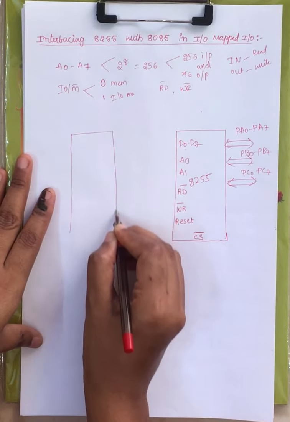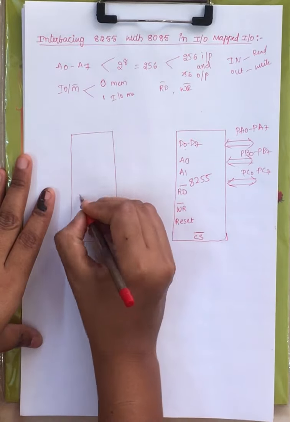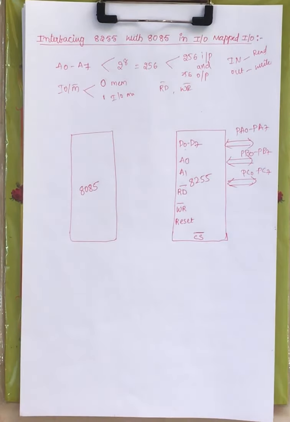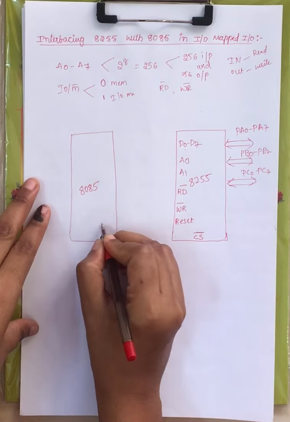Next represent the 8085 pin diagram. Here you need not represent all pins of your 8085. Just represent the pins that are required for interfacing. Reset is required.